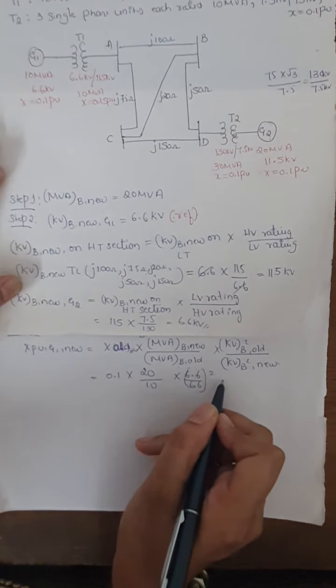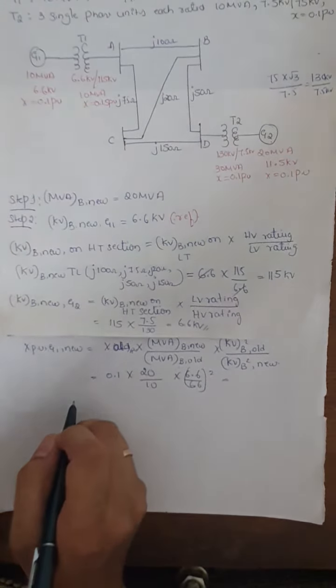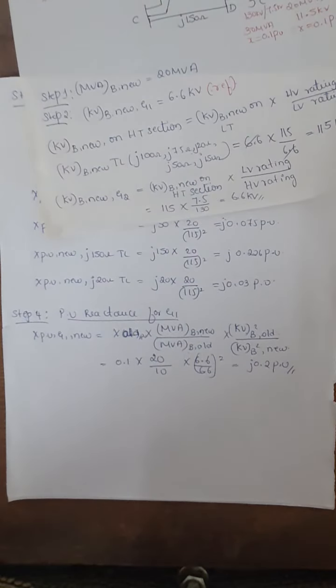After dividing this, we'll get the value for generator 1 as J 0.2 per unit.